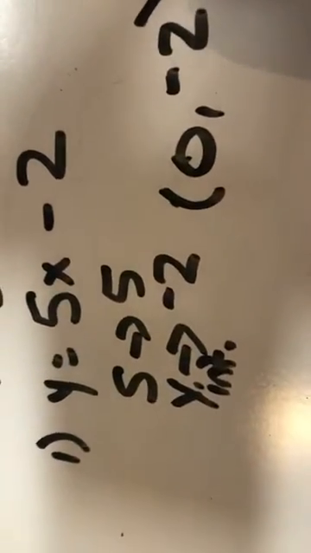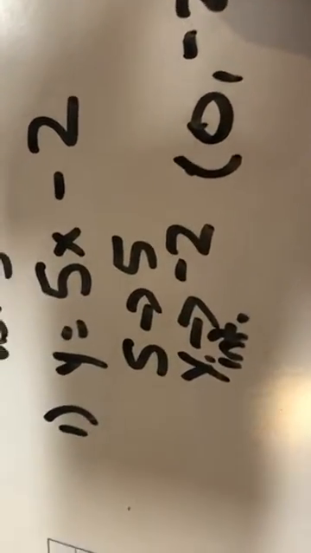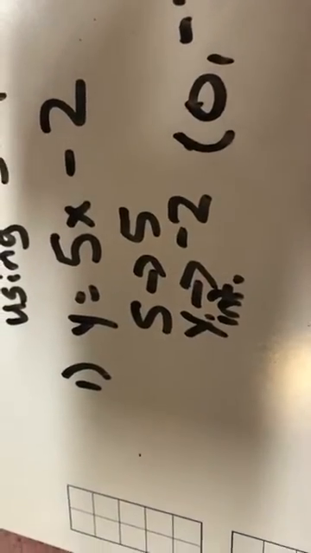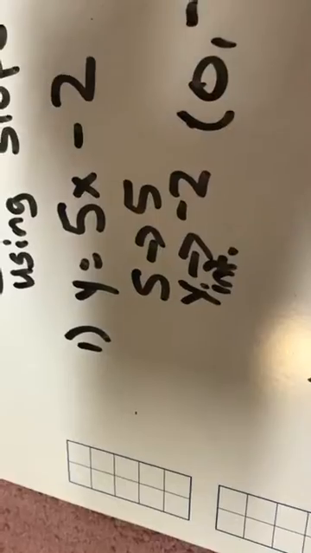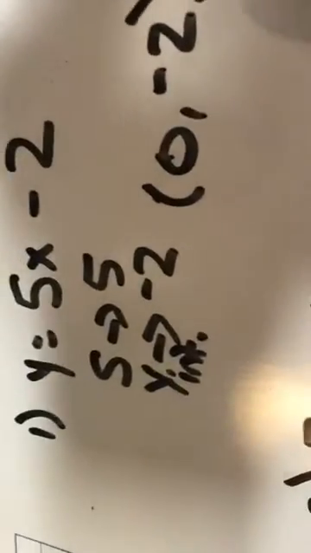I also know my slope. My slope is 5. It's a positive 5. Now remember from yesterday's lesson, slope is rise over run, change in y over change in x. Everything has to be a fraction though, so I'm going to think of it as 5 over 1.